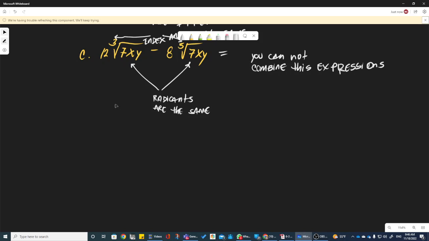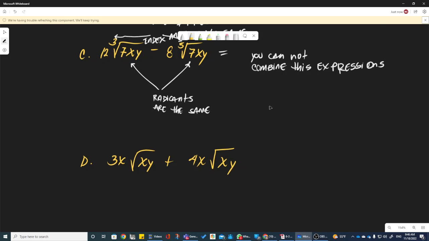Let's do one more example just for safety measures. Three x, the square root of xy, plus 4x, and the square root of xy.